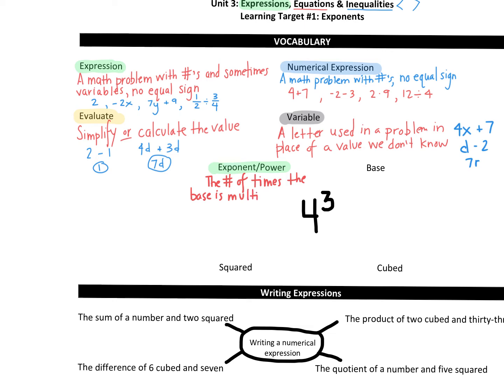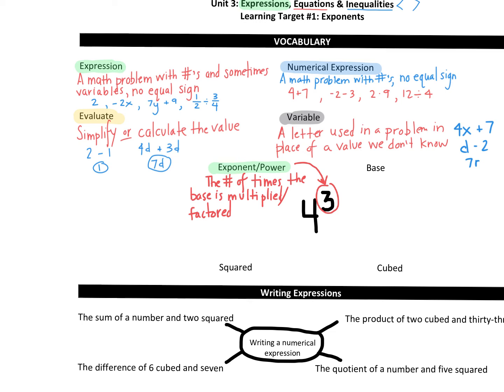Or a fancy word, you're going to say factored. So we'll put that one. It's the same thing. Okay, so this is the exponent. This tells you how many times I'm going to write that for. Okay, that's the exponent. Or sometimes we call it the power.